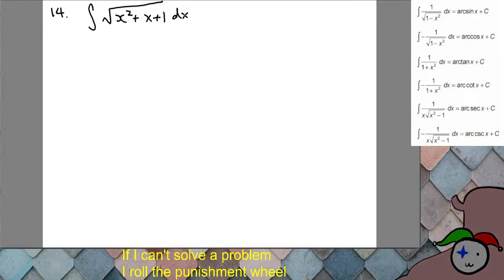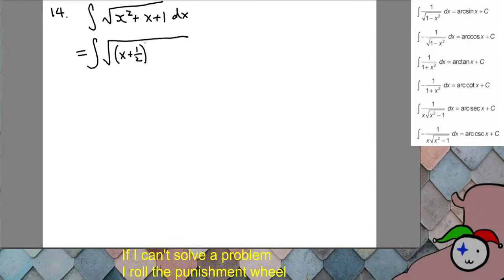Now, I looked up the square root of some, but that was a difference of 2 squares, and in that case you can use trigonometry identification. So in this case, maybe we should complete the square. So we want x plus a half squared here.